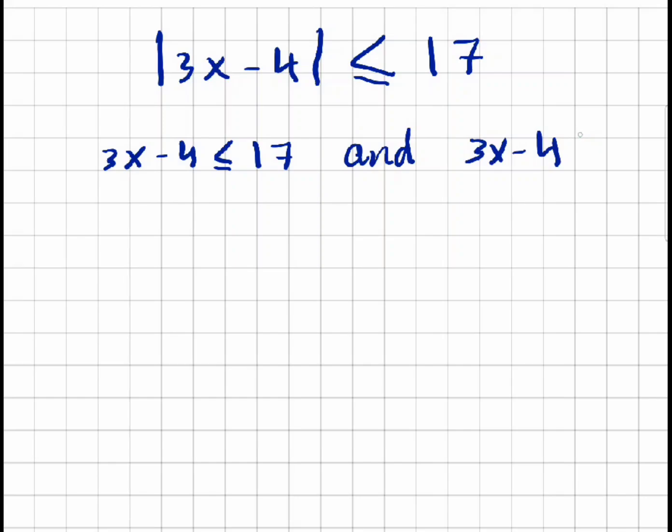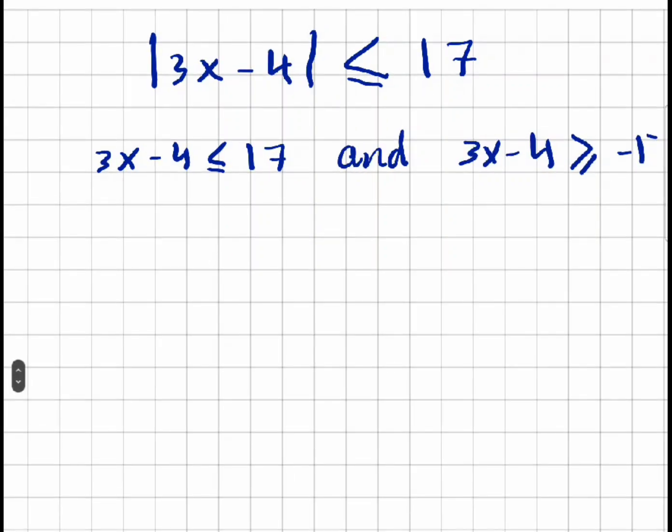Now for the next one, we're going to rewrite what we see inside the absolute value symbol. And then we're going to change the inequality. And then we're going to change 17 to negative 17. And then all we need to do is solve these two inequalities.